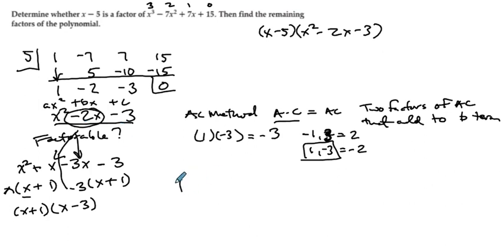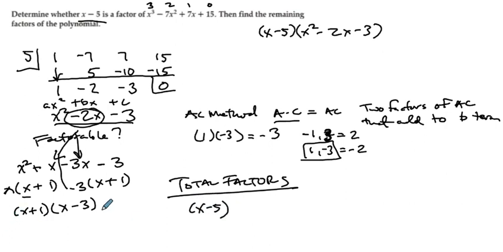So when I do the total factors, I have to include my first factor, which is this one. So I'm going to have x minus 5, and then we're going to write these guys: x plus 1 and x minus 3. I'm not sure if there's a convention of how you're supposed to write these things, what sort of order. I'm guessing there is, but we're not going to worry too much about that.